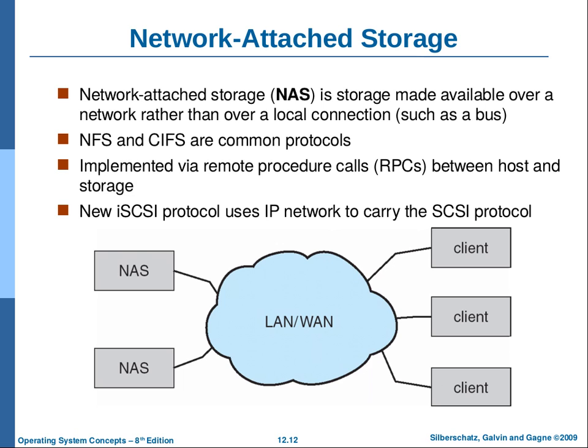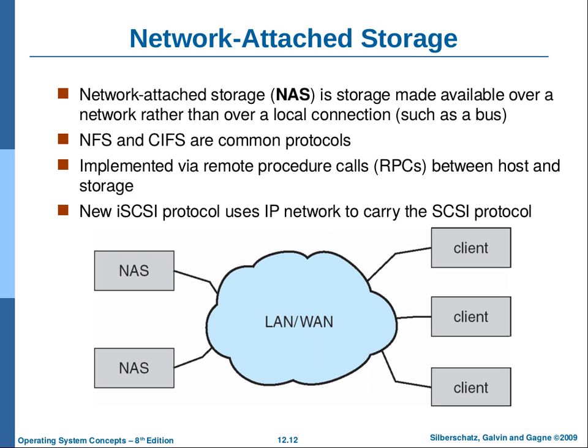There is also iSCSI, which takes the SCSI protocol and does it again through Ethernet. What do you think is the problem with this architecture? Or what could we do to improve it?